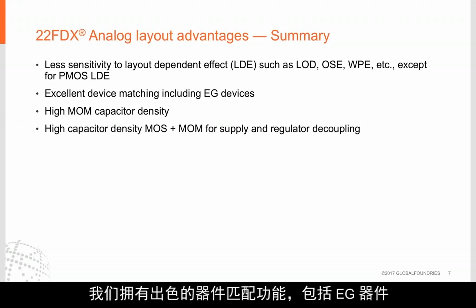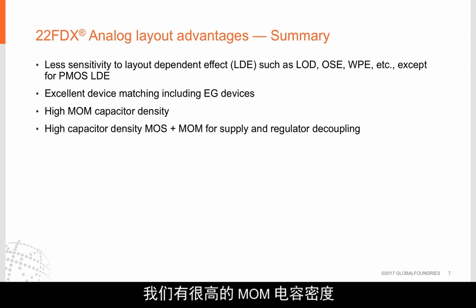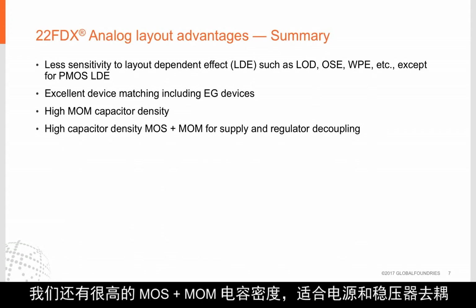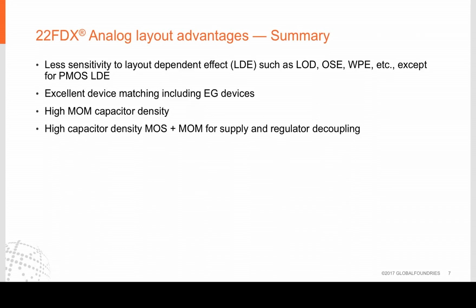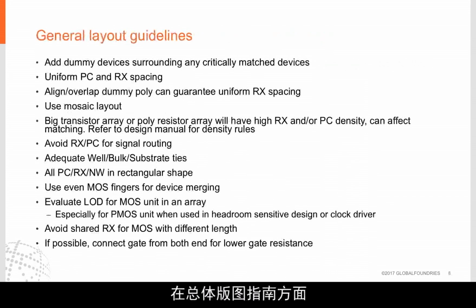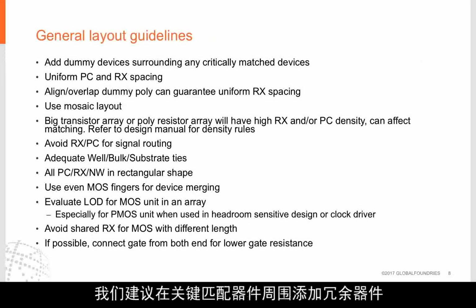We have excellent device matching, including the EG devices. We have high MOM capacitor density, and we also have high capacitor density for the MOS plus MOM for supply and regulator decoupling.